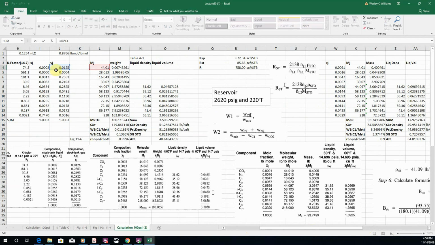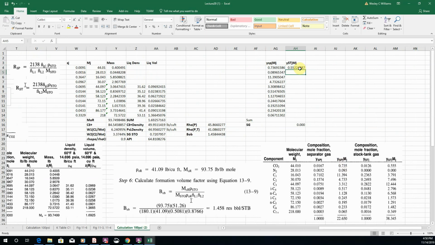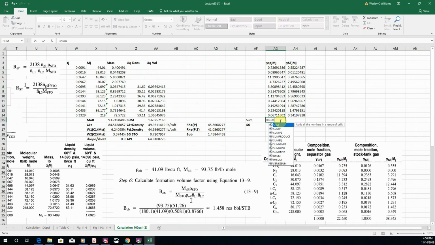We come to the stock tank gas values, multiply times the molecular weight, get their values, copy it down, and do the sum. Specific gravity would equal this value divided by 29, which is air. So there's our specific gravity.